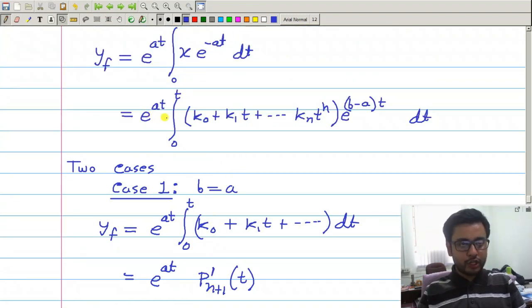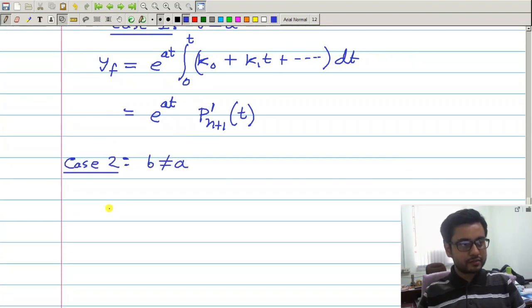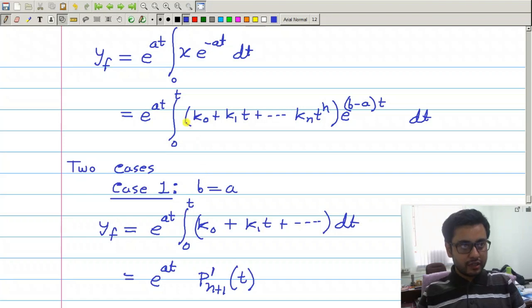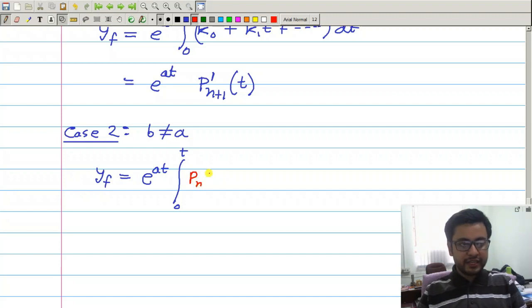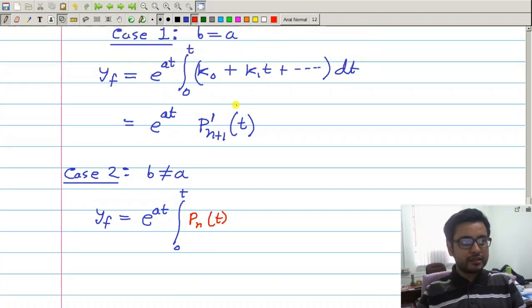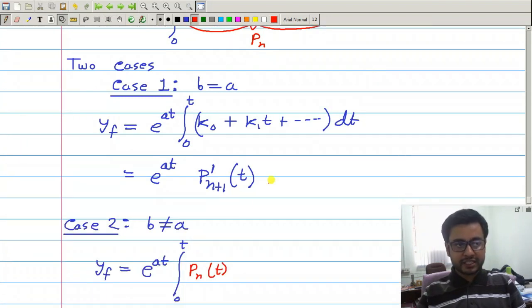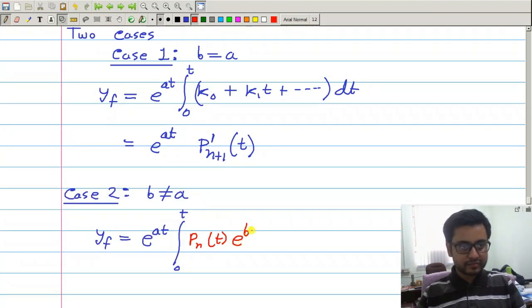If b is not equal to a, then let me write y_f again. y_f is equal to e to the power at times the integration of this polynomial, let me use the shorthand notation p_n(t), and e to the power (b minus a)t dt.